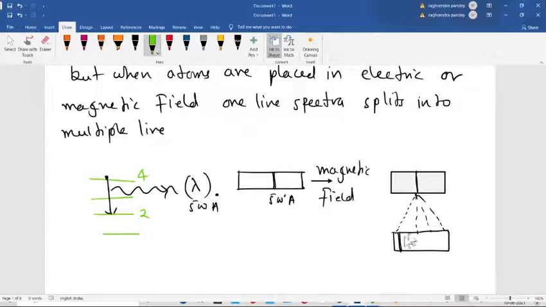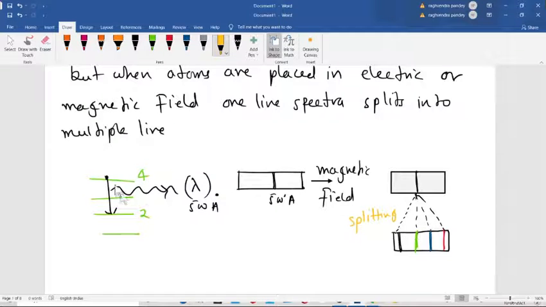Okay, maybe of different colors. So this is the problem. This is called splitting. So we put the magnet here and apply the magnetic field. So instead of this one line, we will get multiple lines. That is called splitting in the magnetic field.